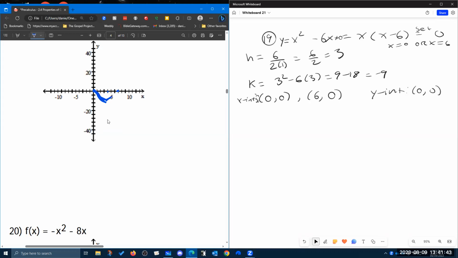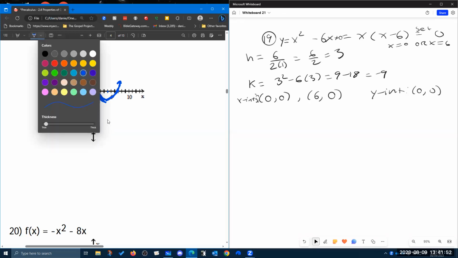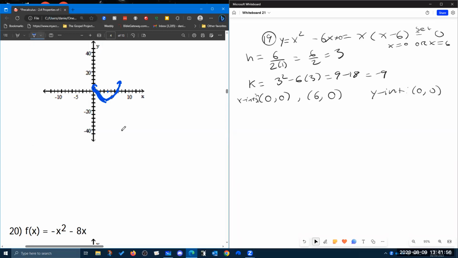It's a little thicker than I would want right now. Let me see if I can change that. There we go.